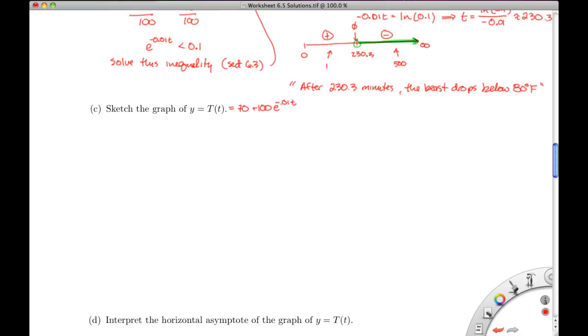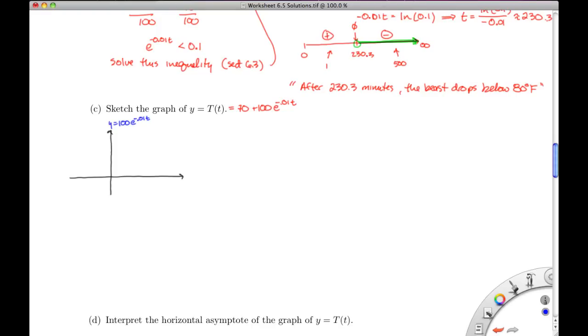To understand the graph, we've got e to a negative power, so we know we have exponential decay with a coefficient of 100. I'm going to start with just y is equal to 100 e to the negative 0.01t.